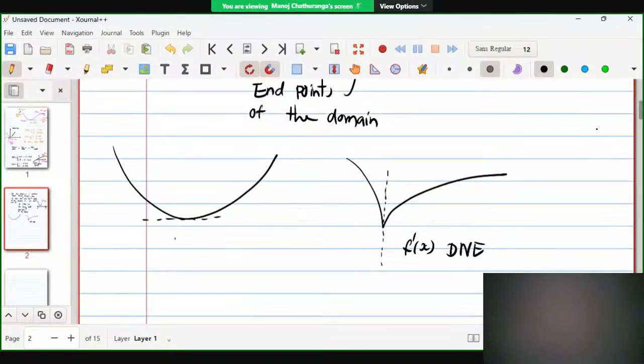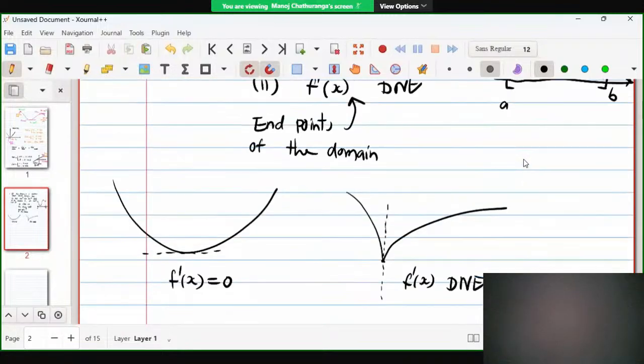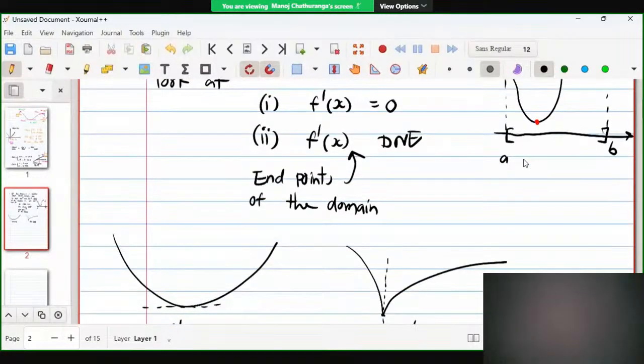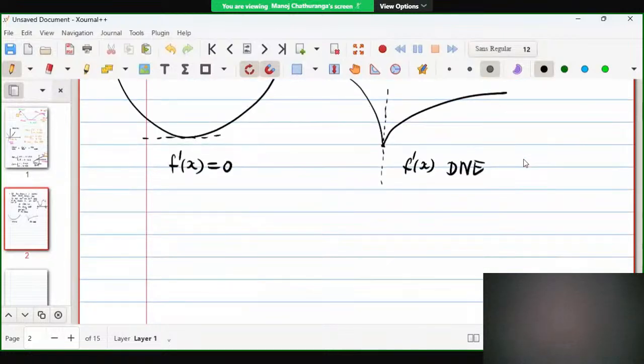At this minimum point, it is zero. So these undefined points are also quite important. You can draw similar pictures for maximum points.